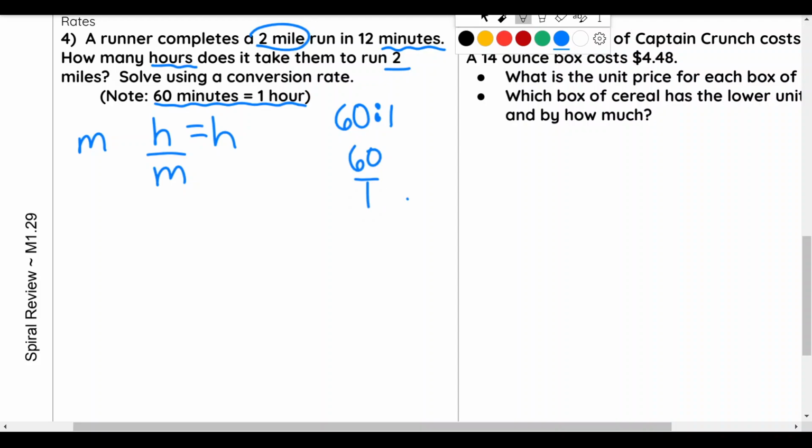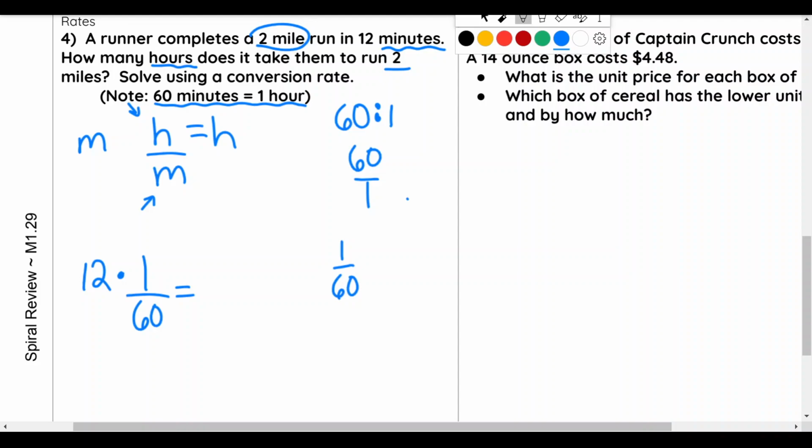However, I've got the wrong fraction here because I'm using the ratio of hours to minutes. So I really need the ratio of 1/60th. So I've got my 12 minutes times my hours to minutes will be equal to the number of hours.